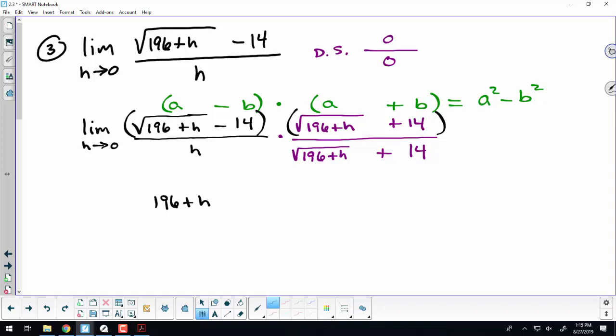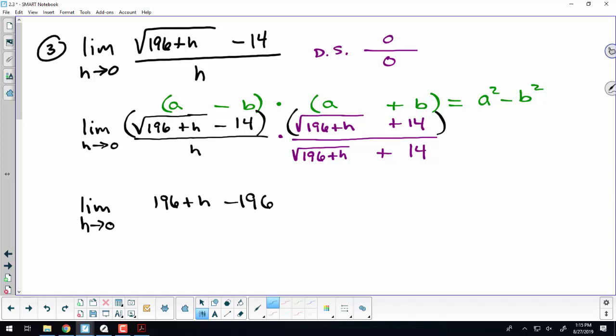The outer and inner terms will cancel because they're opposite in sign. And then you have negative 14 times positive 14, which is minus 196. So that's what's left over up top.